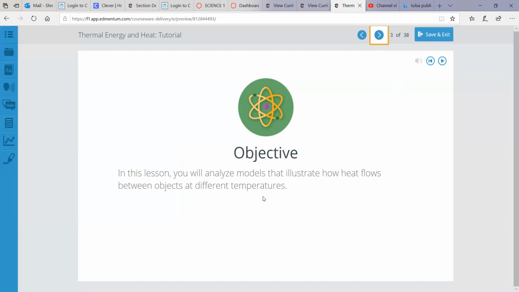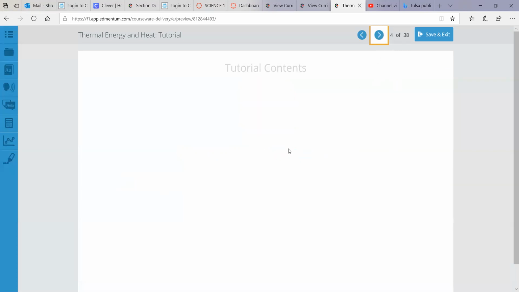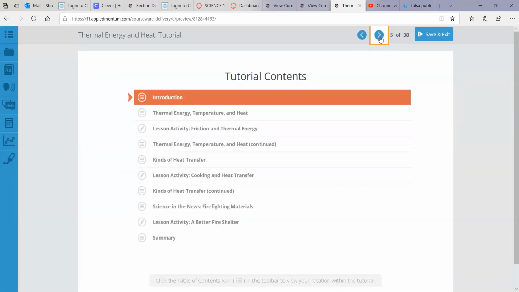We're going to look at models that illustrate how heat flows from one object to another object at different temperatures. Here's the contents.